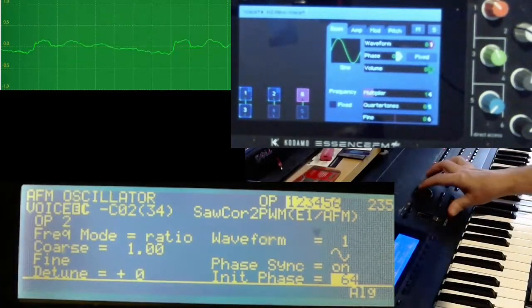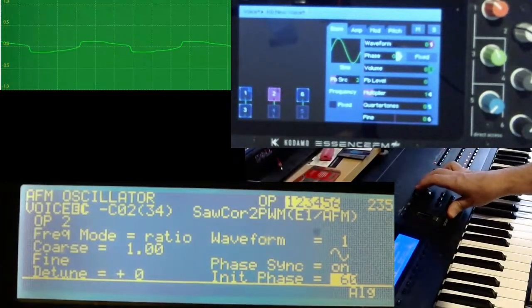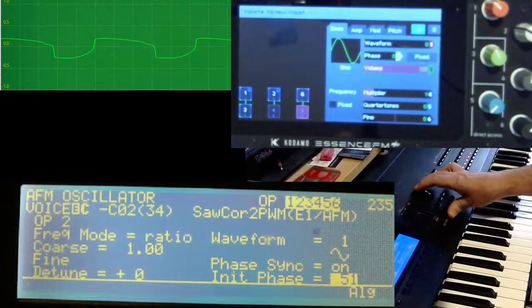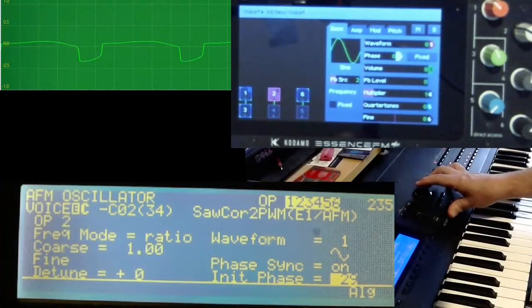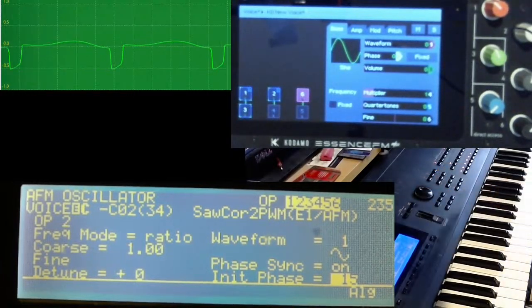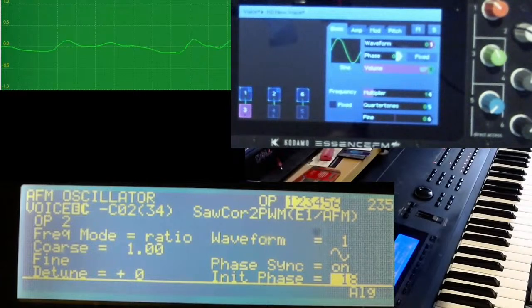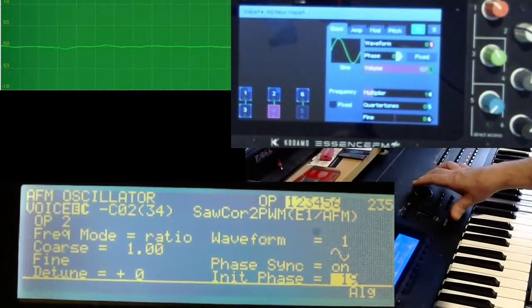So let's back this number out manually again. So essentially, by changing that x-axis offset of the ascending and descending waves, you are varying the pulse width of the resultant signal.